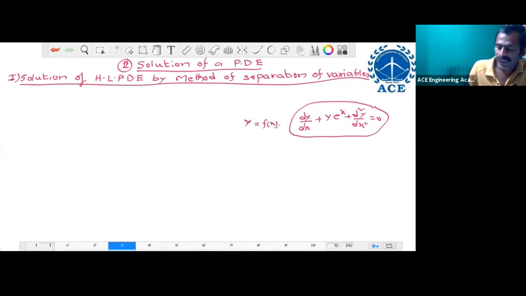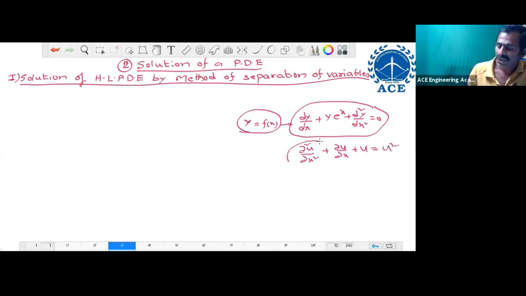Let us suppose that is y equal to f of x. This is a solution of the differential equation, because solution means a relation between the variables that satisfies the differential equation. In the same way for partial differential equation also: dou square u by dou x square plus dou u by dou x plus u equal to u square, like this.